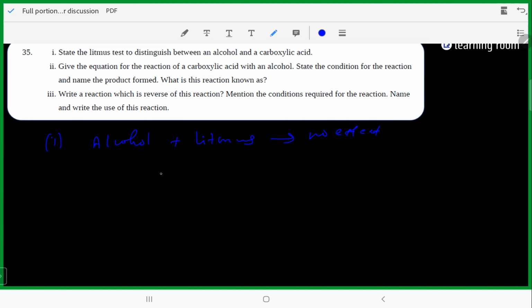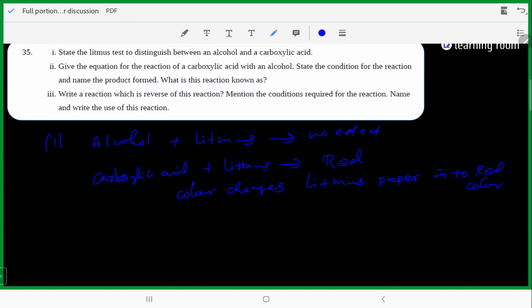Carboxylic acid plus litmus, it becomes red in color. So the color changes litmus paper into red color. Okay, so this is the answer for question number 1.